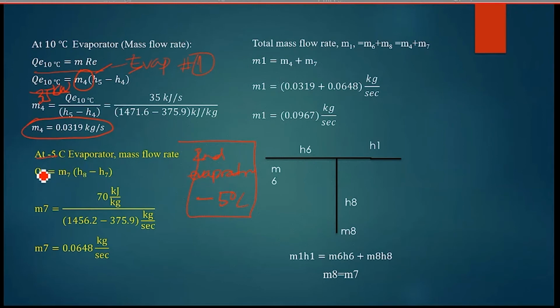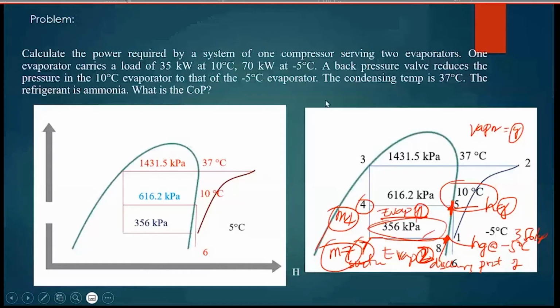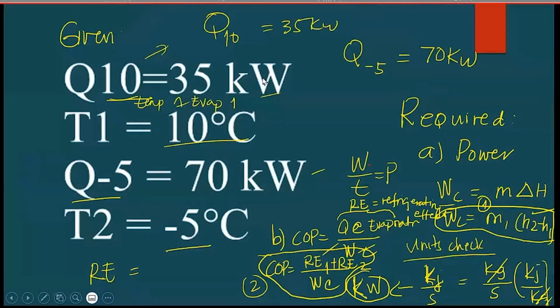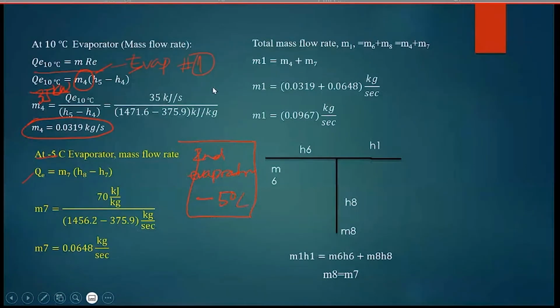At -5 degrees centigrade, we were given a heat load, the amount of heat that the evaporator should, by design, absorb. How many kilowatts should it absorb? Let me go back to the problem so that we can see. At evaporator -5, it should have a 70 kilowatt load. So all we have to do is substitute 70 kilowatts here.